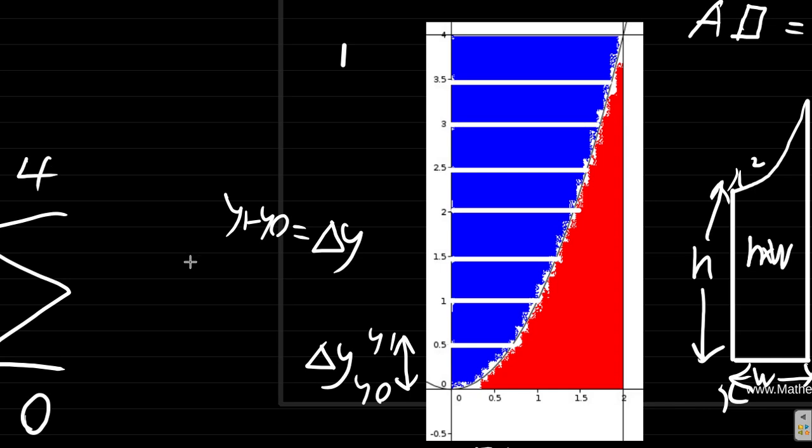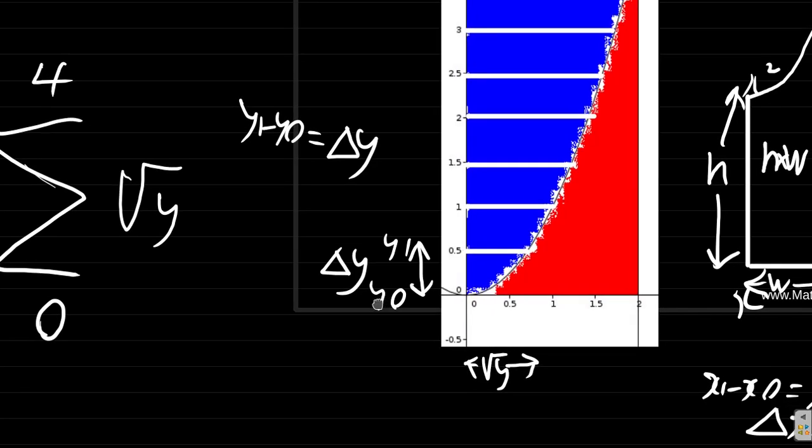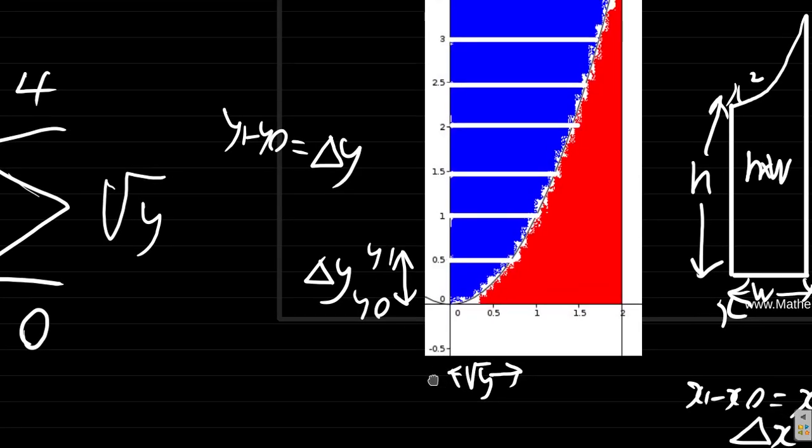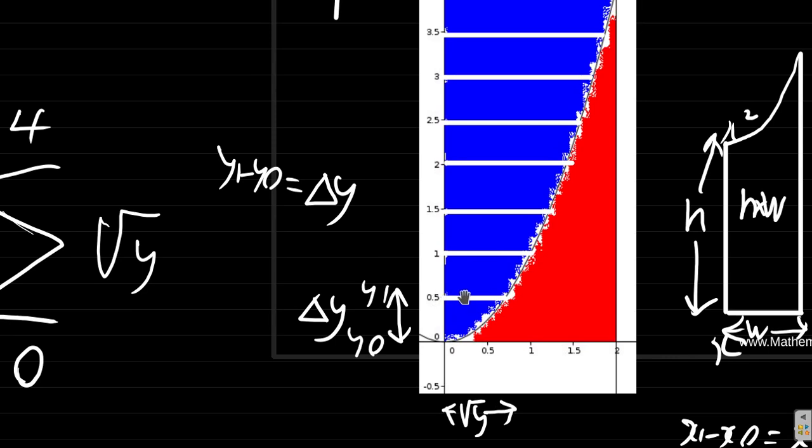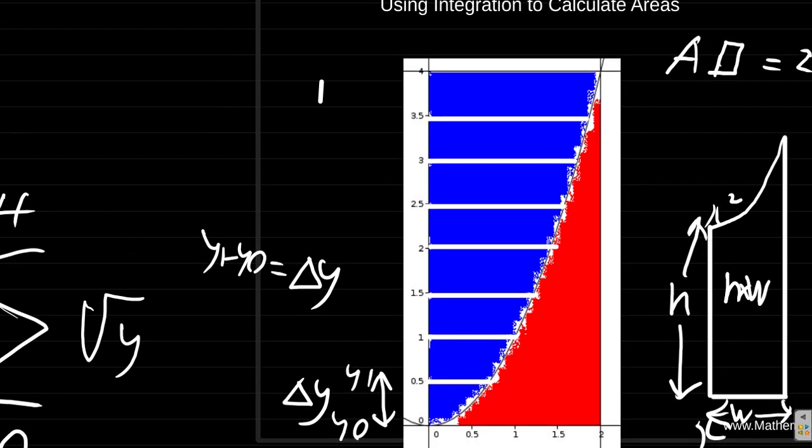of, now what is it that you're summing up? It's the square root of y, because remember, here, the width is the square root of y, whatever y is. This width is the square root of y. For example, when you reach up to 4, you go across and go down, you get 2.